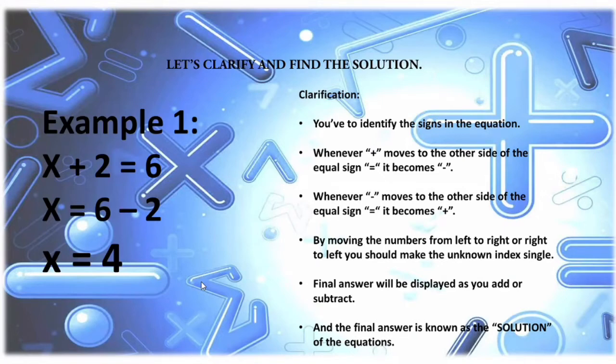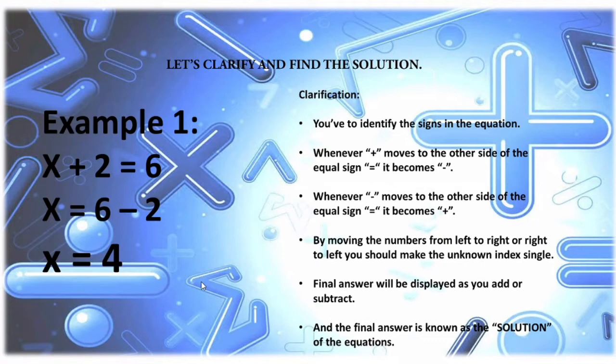And as I said, an equation has an equality symbol. Apart from that, it has unknown indexes, unknown values and numbers. And index means whatever is unknown, the number or the letter or whatever that is, generally named as an index, okay? And when it comes to equations, there are general rules of solving it.